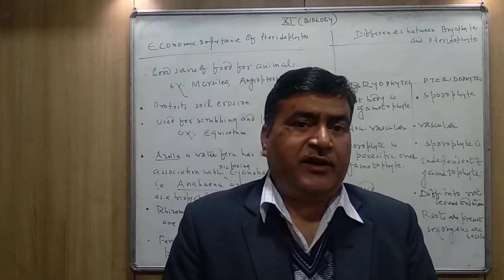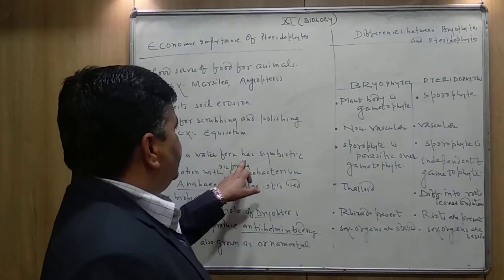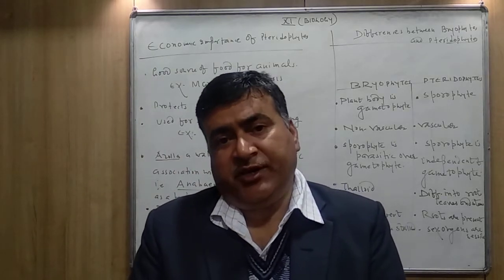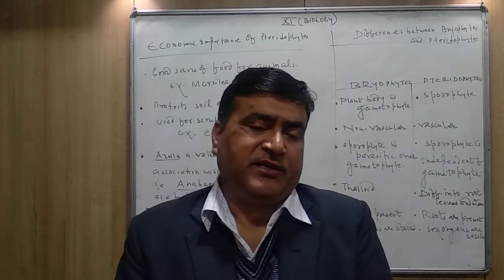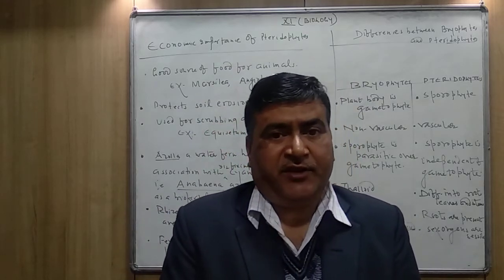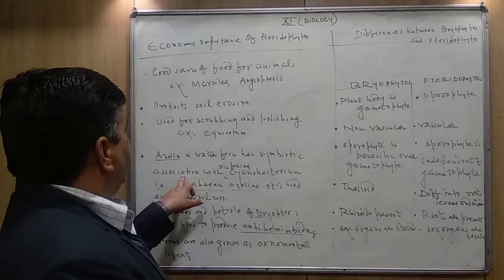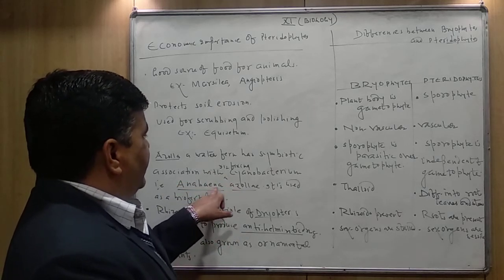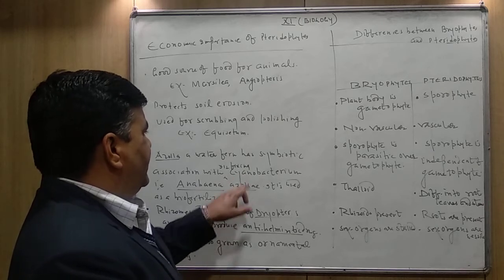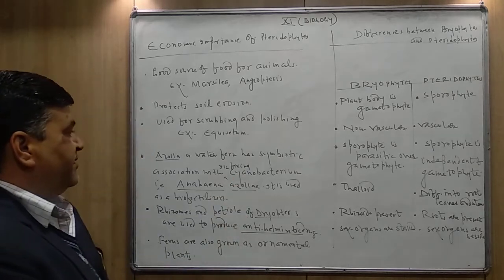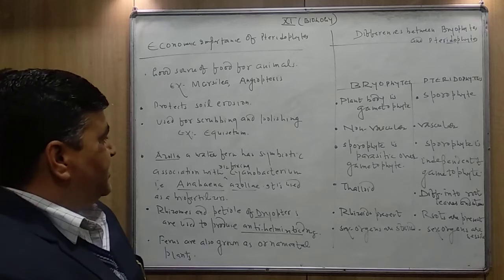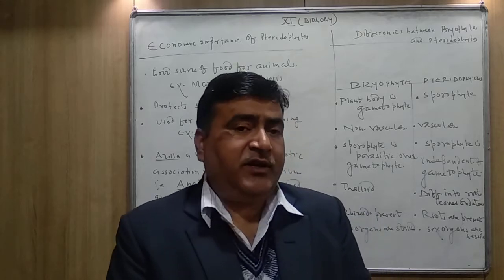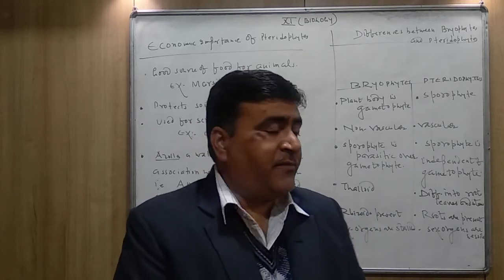It is an aquatic fern, and Azolla is symbiotically associated with a cyanobacterium, Anabaena, and the species name of this Anabaena is Anabaena azollae. Why has the cyanobacterium been given the name Anabaena azollae? Because this cyanobacterium is found well associated with the fern.